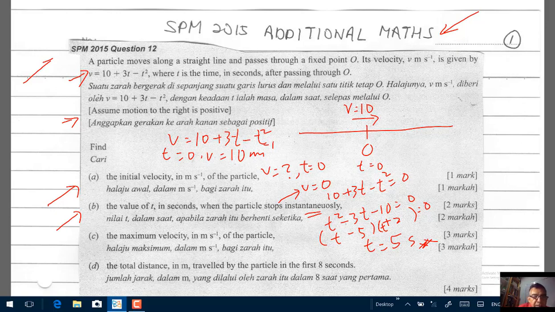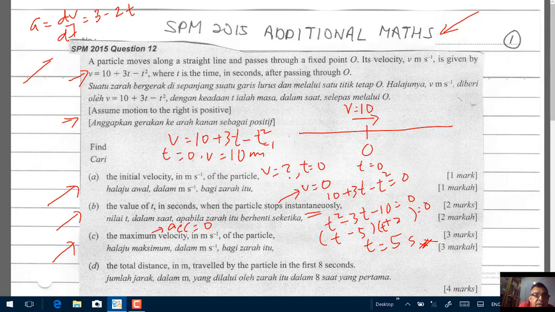Okay, then we're looking at C, the maximum velocity of the particle. Maximum velocity is when the acceleration is 0. Acceleration will be dv/dt, and that will be 3 minus 2t.